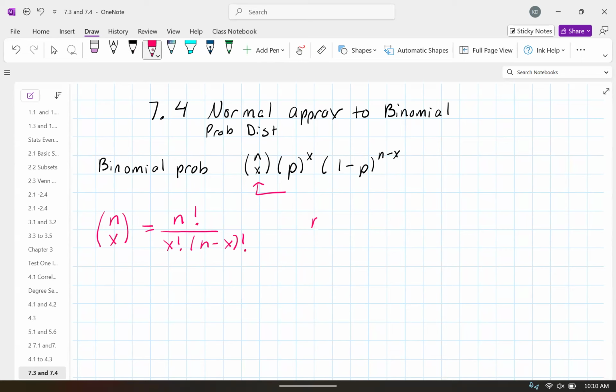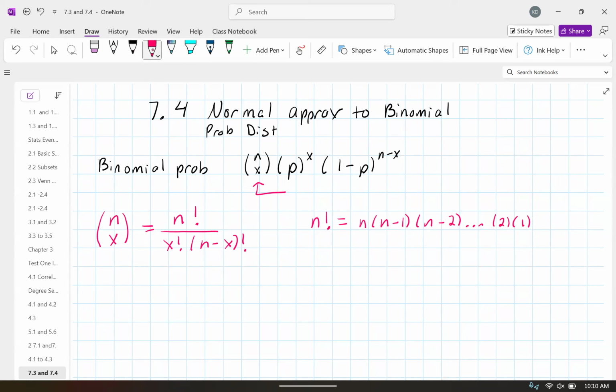So n factorial is we're going to multiply n times n minus 1 times n minus 2 until we get to 1. So n times n minus 1, n minus 2, dot, dot, dot, 2, 1.